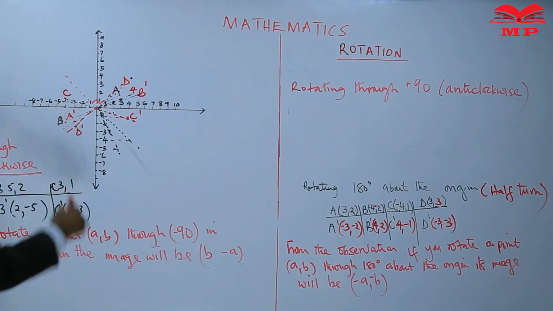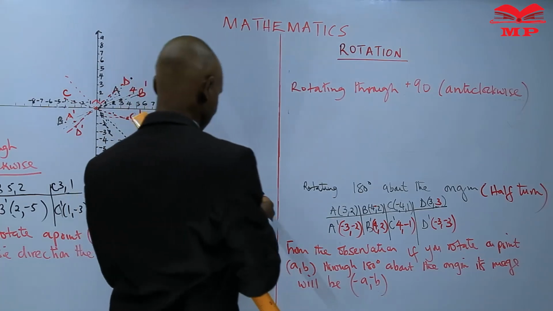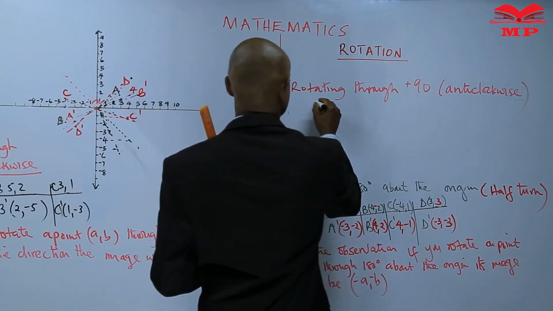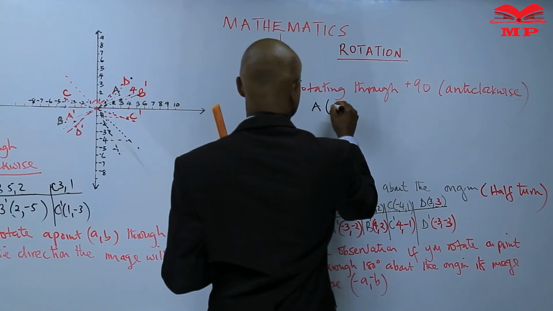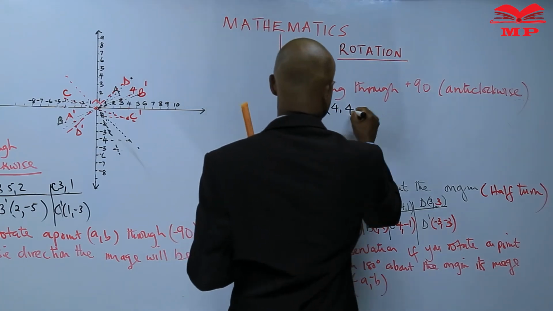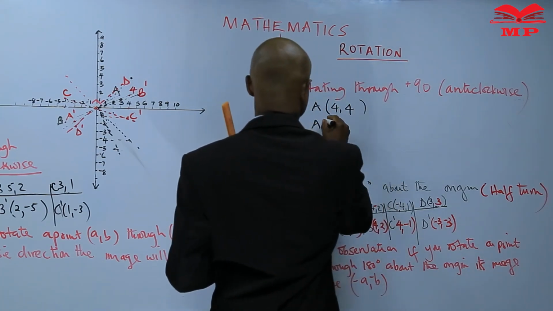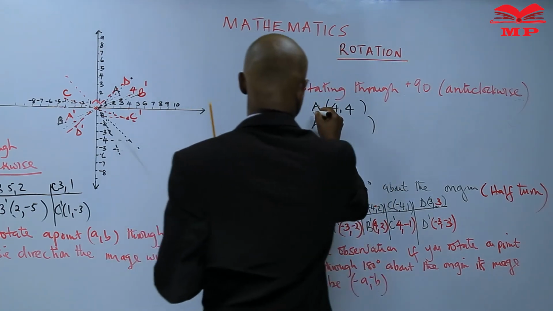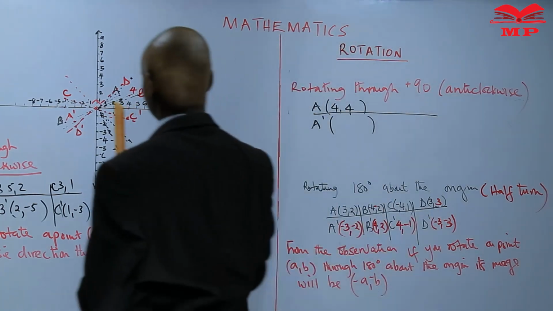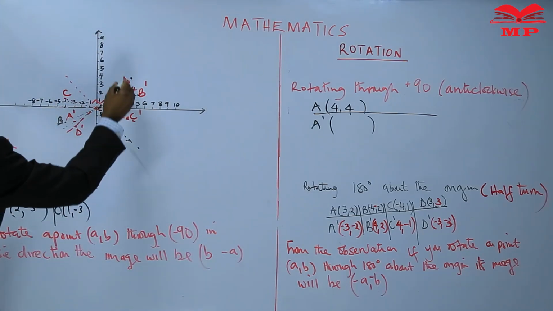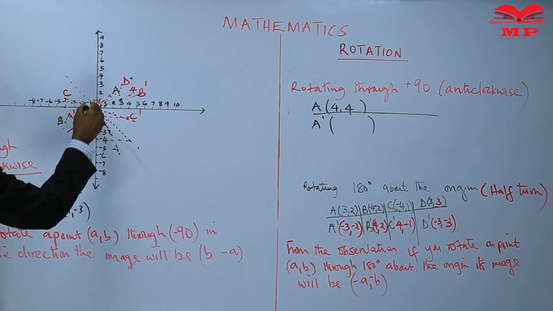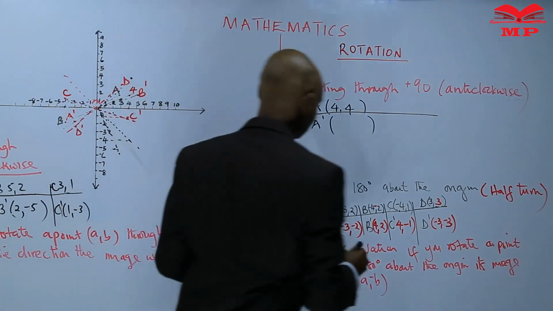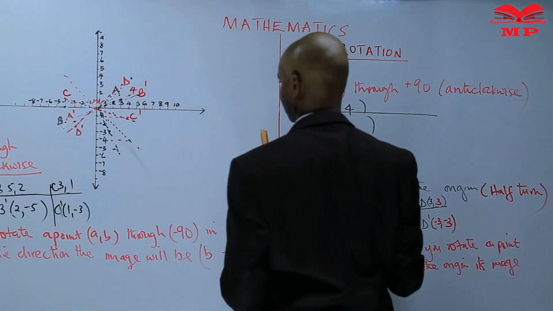If you have A, 4, 4, your A prime will become 4, -4.